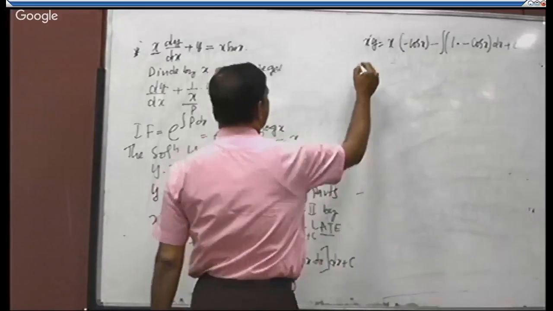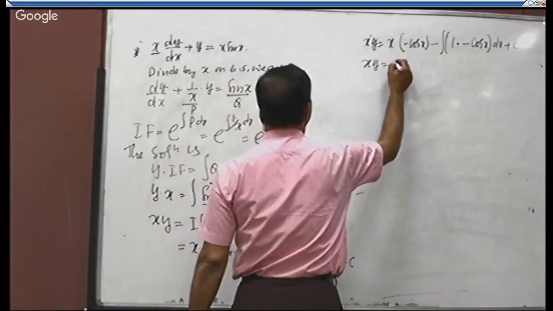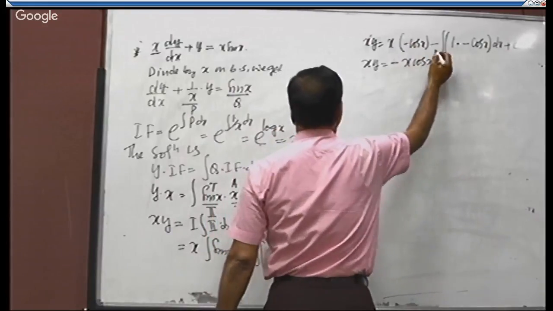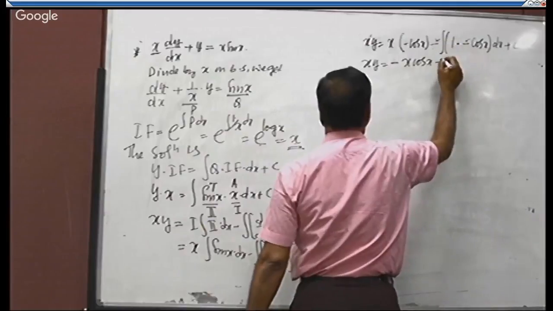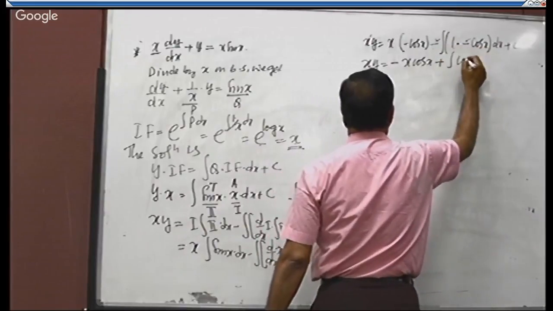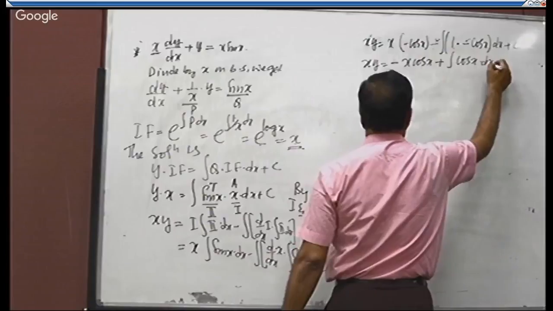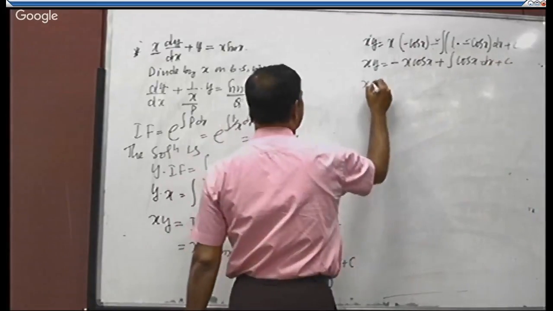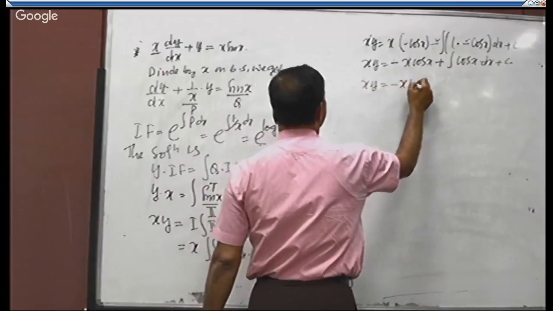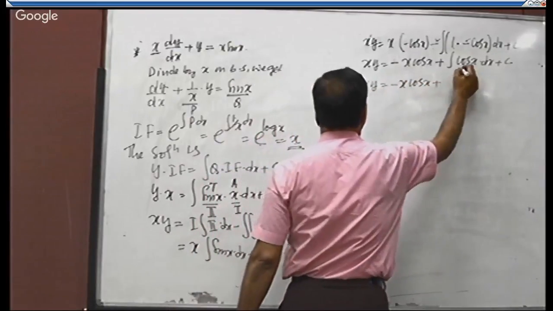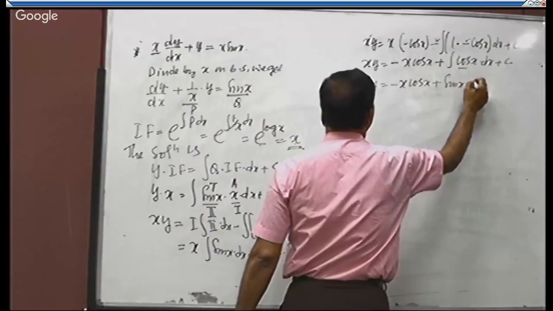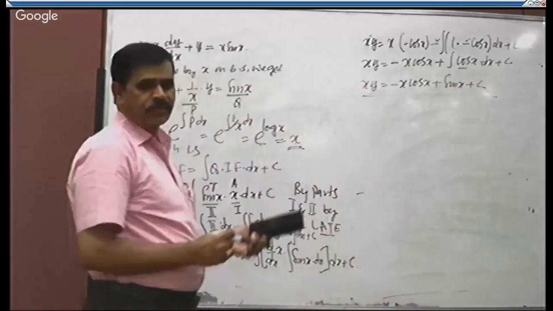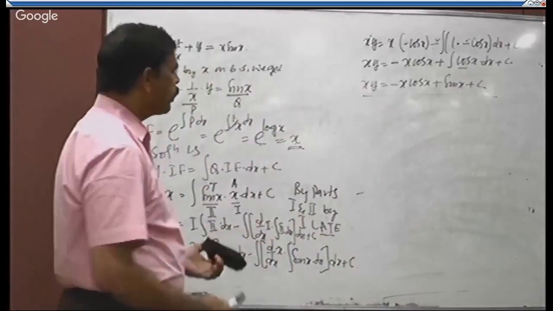That is, x y is equal to minus x into cos x. This minus into this minus, minus into minus is plus, 1 into cos x into dx plus c. Right? x y is equal to minus x cos x plus integration of cos x, which is sin x, plus c. This is the solution for the given differential equation.